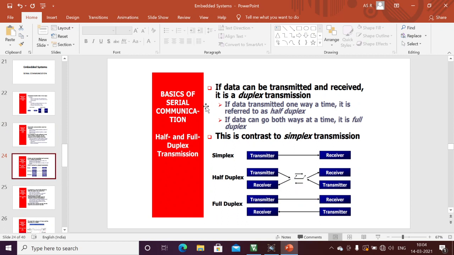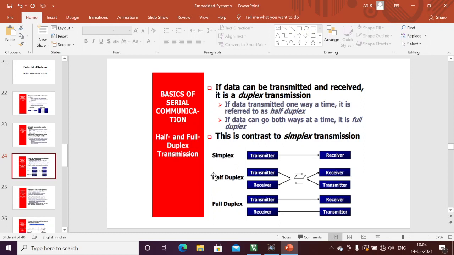Here we'll discuss the types of transmission. We have simplex, half duplex, and full duplex. Simplex is only one direction, one way of communication. For example, keyboard to the PC is a simplex communication, only one direction. There is no PC to keyboard.